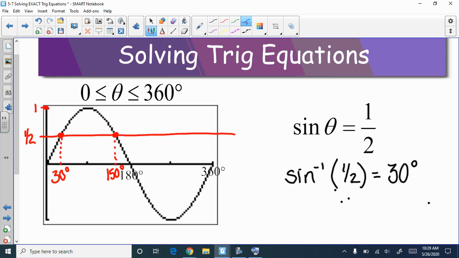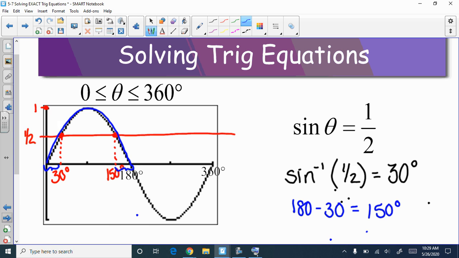Knowing what our curve looks like, from this first part to 180 degrees, there's some symmetry going on here. If this angle is 30 degrees, then the angle between our second value of theta and 180 is also going to be 30 degrees. So by taking 180 and subtracting 30, that gives us 150, which is our other solution.